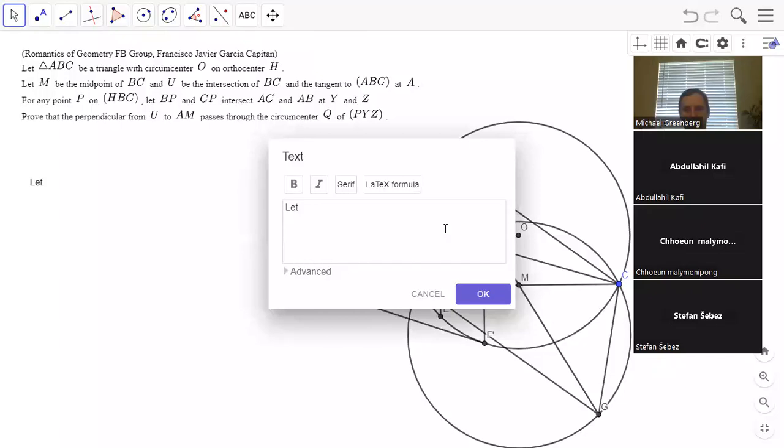So let AM intersect BHPC at G. It's well known that ABGC is a parallelogram.